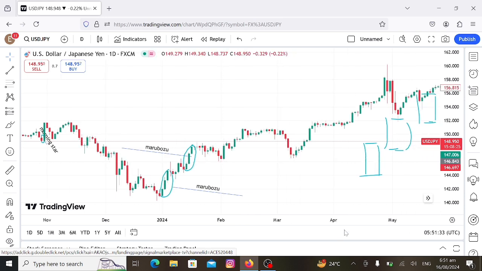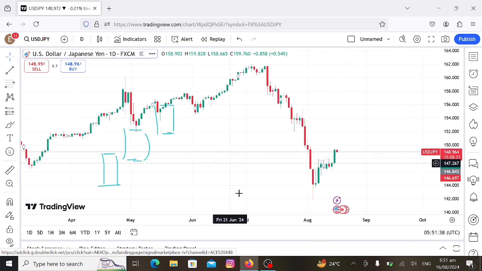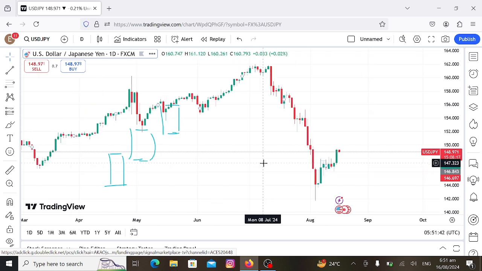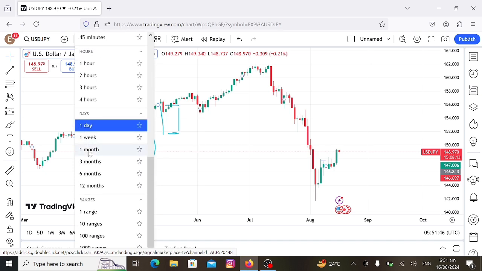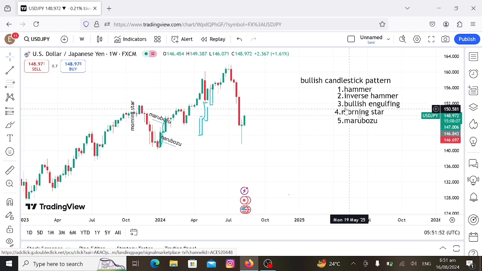All right. For the purpose of this class, basically, we are going straight up. Those are the most valid five candlesticks that are more profitable if you want to trade candlestick patterns.